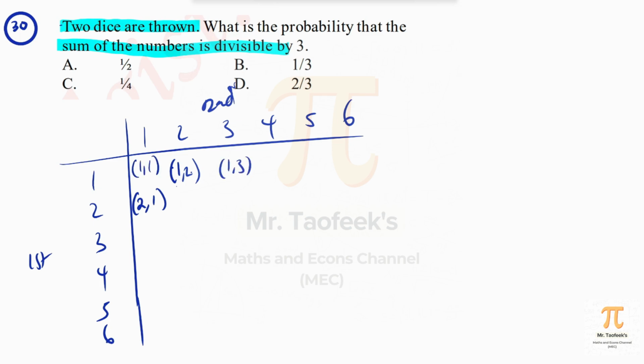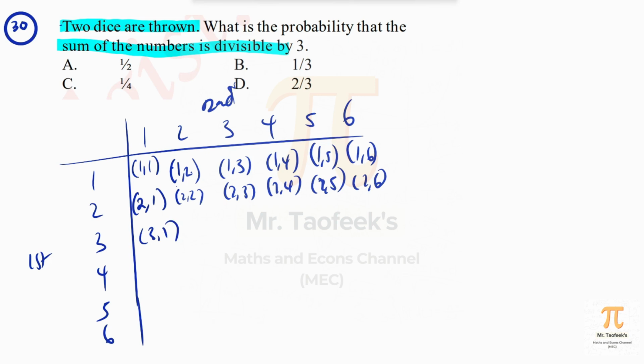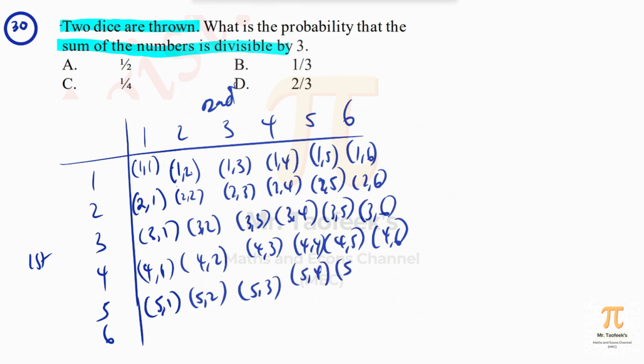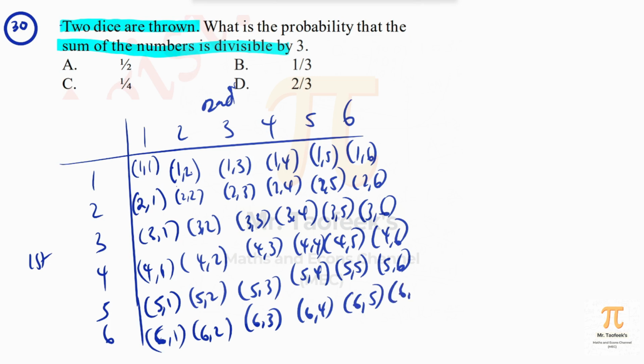So this is going to be 1, 1; 1, 2; 1, 3; 1, 4; 1, 5; 1, 6; 2, 1; 2, 2; 2, 3; 2, 4; 2, 5; 2, 6; 3, 1 through 3, 6; 4, 1 through 4, 6; 5, 1 through 5, 6; and 6, 1 through 6, 6.